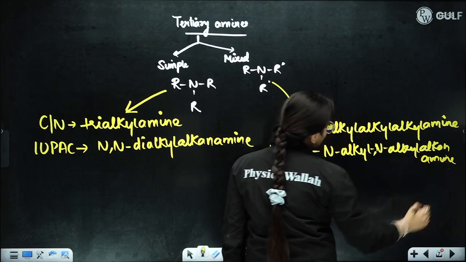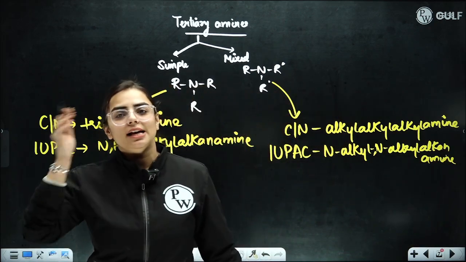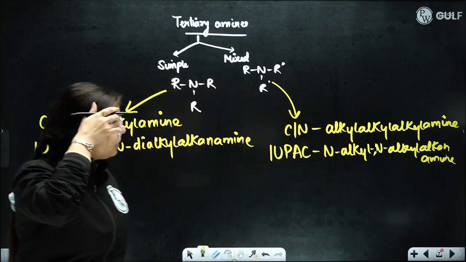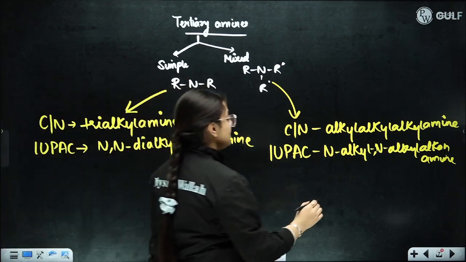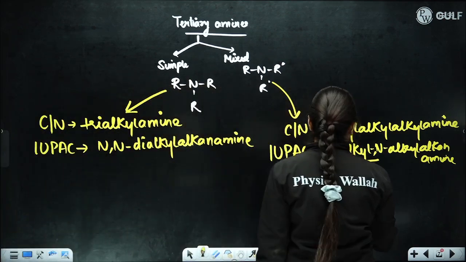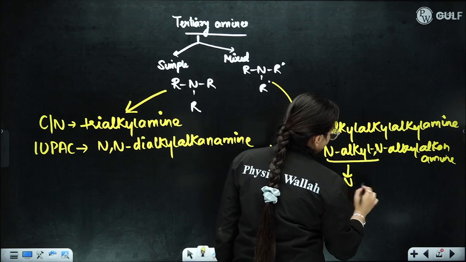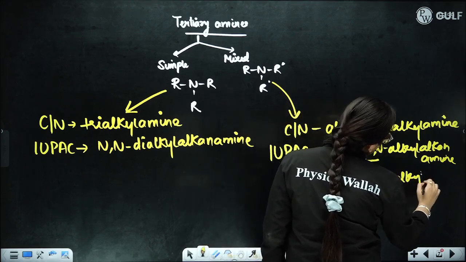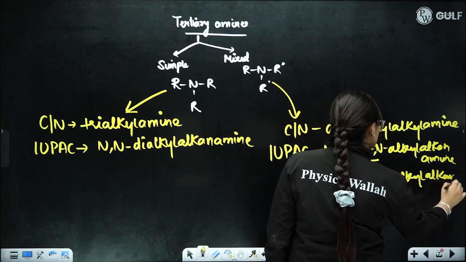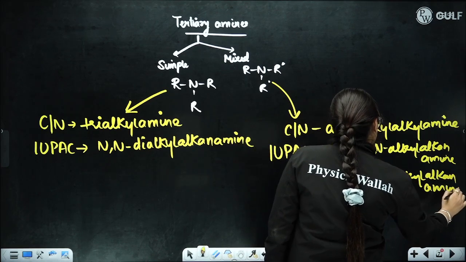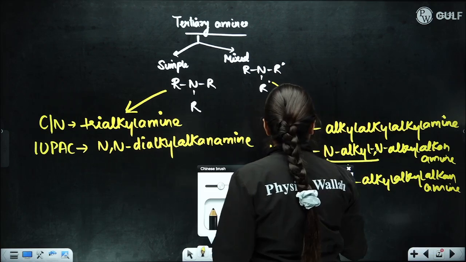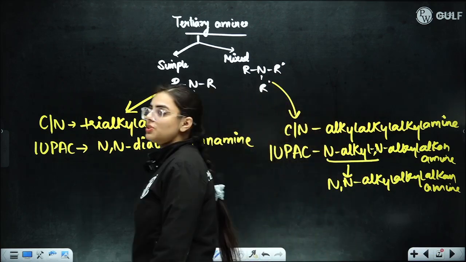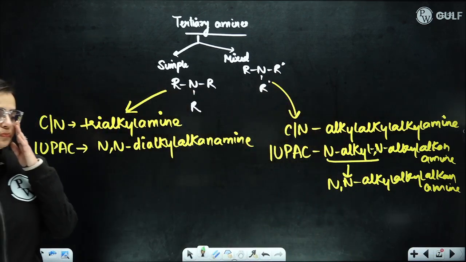Or even you can say N,N-alkyl alkanamine, but this is a very rare situation that they will give you. I hope this is clear to each and everybody of you. This was about tertiary amines, everyone.